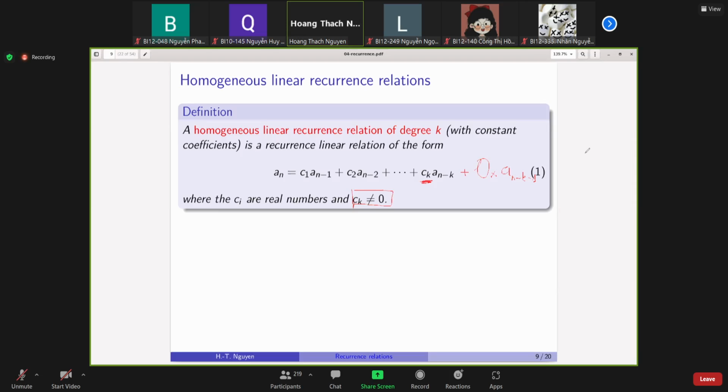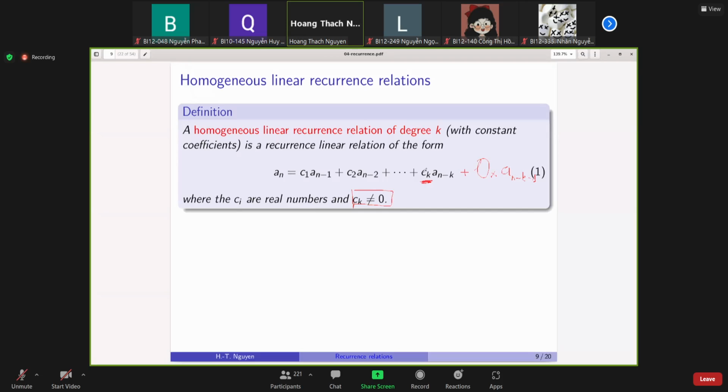So the degree would be indeterminate. We want the degree to be unique, to be fixed. So we impose the condition that ck is non-zero. With this condition, the degree of a homogeneous linear recurrence relation is uniquely determined.